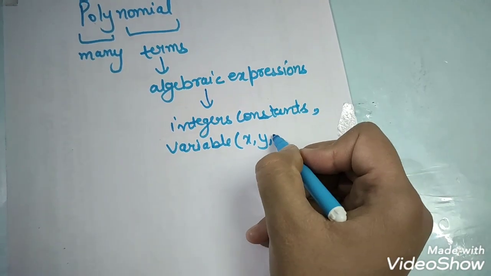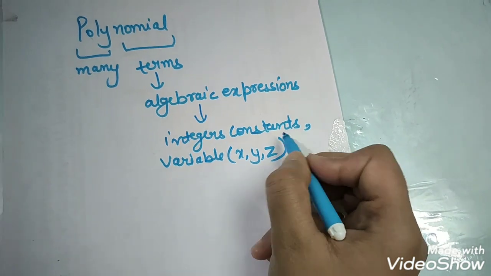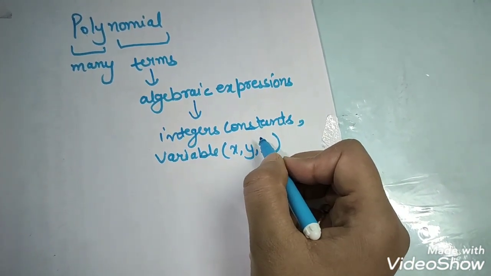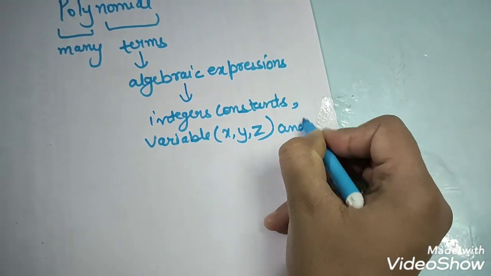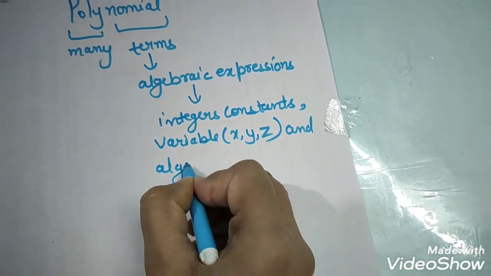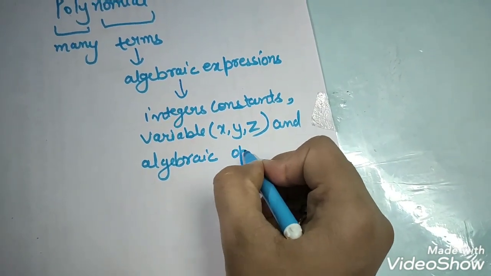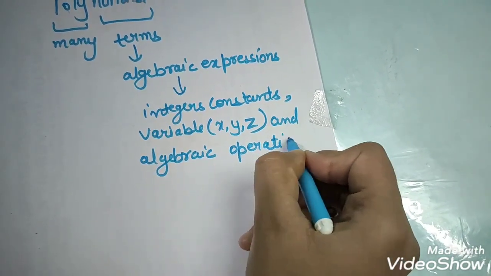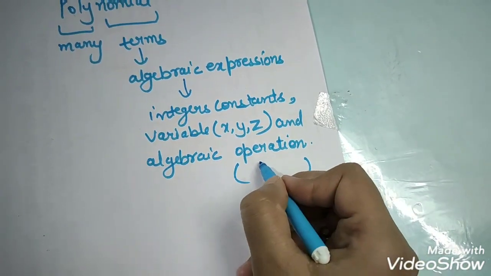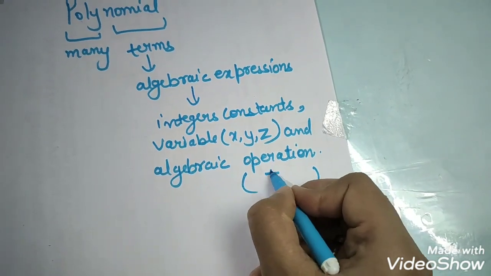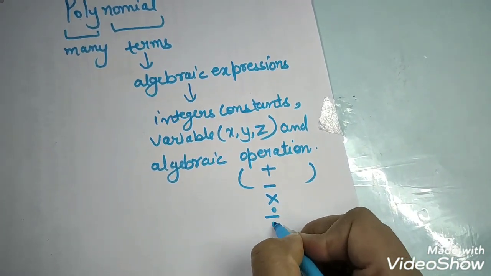We take x, y, z, a, b, c as variables. Constants are the numbers 1, 2, 3, 4, 5, 6 and so on. And operations: there are 4 types we use basically, that is plus, minus, multiply and divide.